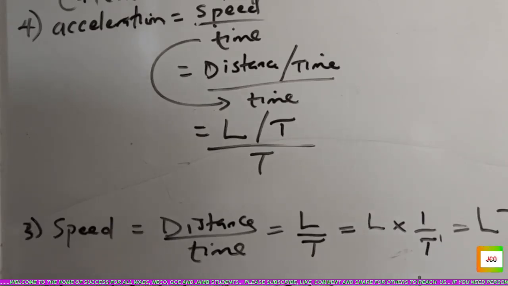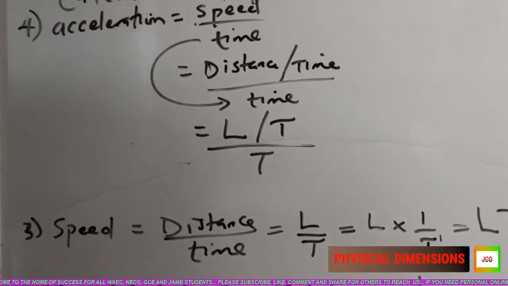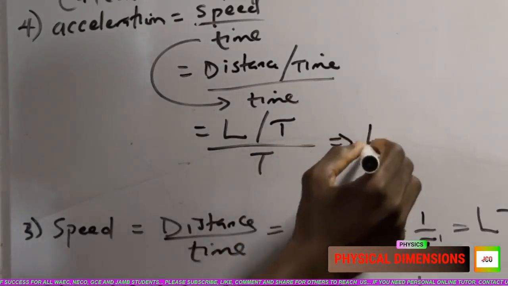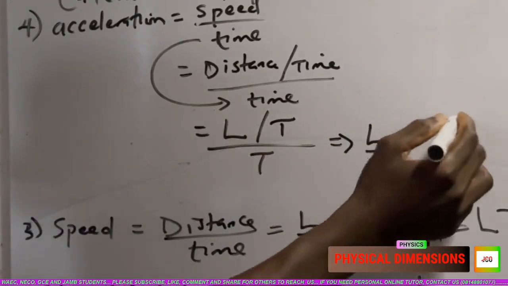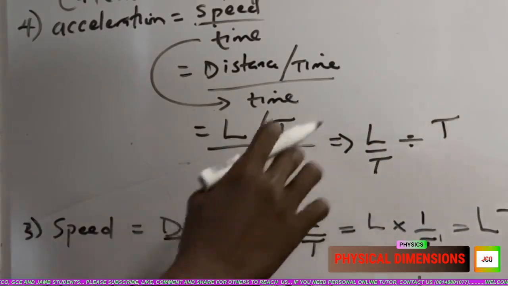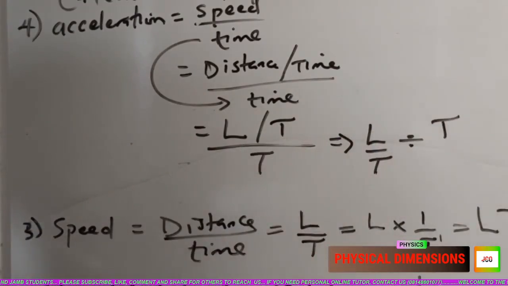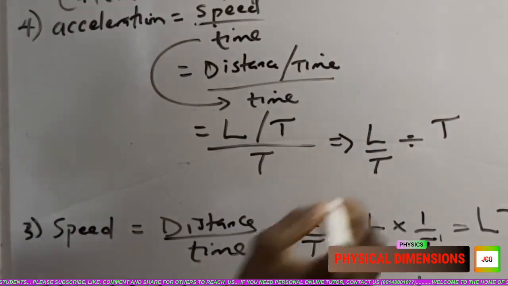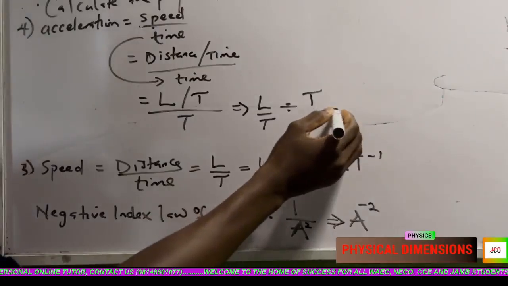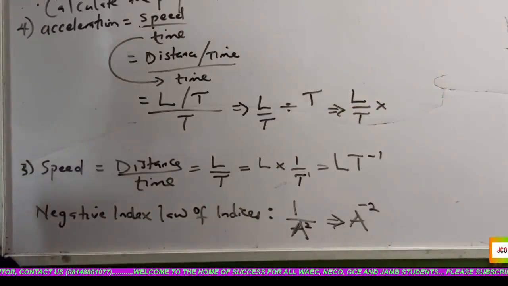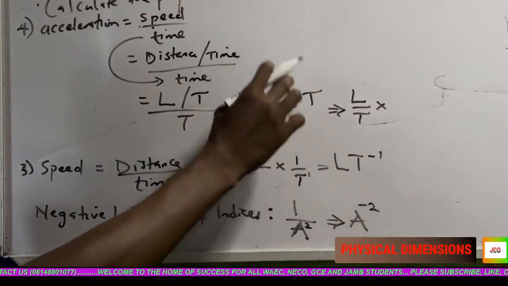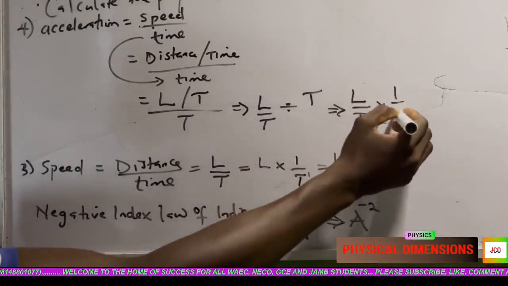We are going to write it in another format. This is the same thing as L over T, which is what we have up, divided by T down. If I rewrite it now, I'm going to have L over T times, this T here comes down, becomes 1 over T.